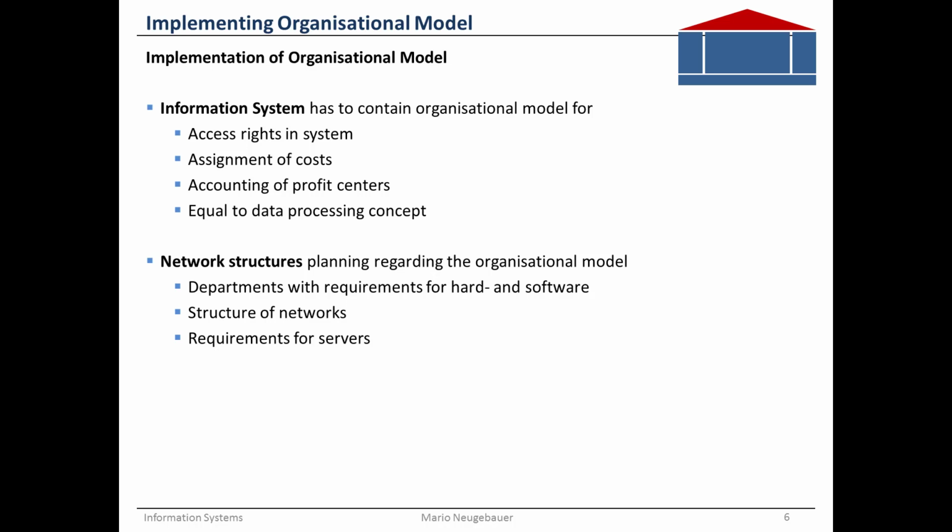So you don't mix departments like the production department with the sales department. You also divide the departments regarding their hardware, the network structures. And then correspondingly, you would also divide the requirements for the servers. So there are only servers for the sales department, or there are servers for the production department, or for the procurement or development department. So you can divide also the hardware costs and the software costs regarding the organization.